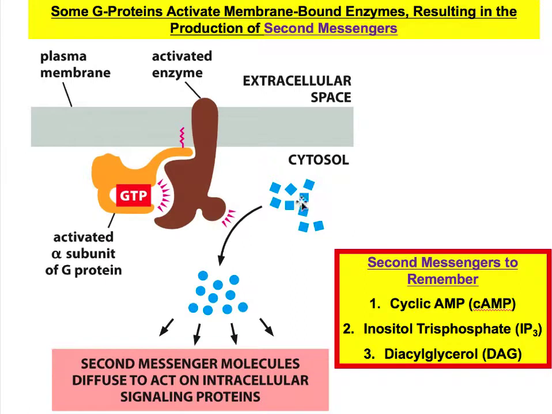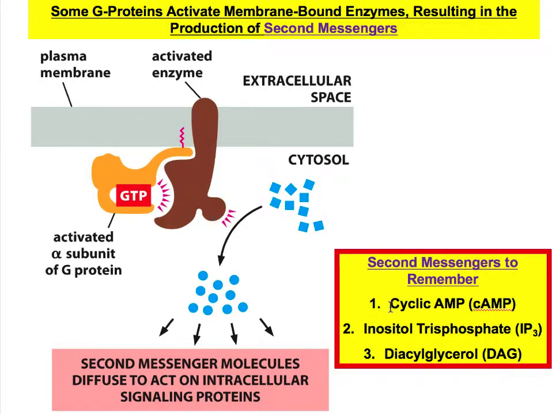Now these circles are normally going to be produced in such large quantities that they'll diffuse to many regions deep inside the cytosol and even into the nucleus. And because these molecules are generated in such large waves, they're known as second messengers. Not only do secondary messengers amplify the signal, but they transmit it rapidly to many other far-reaching places inside the cell.